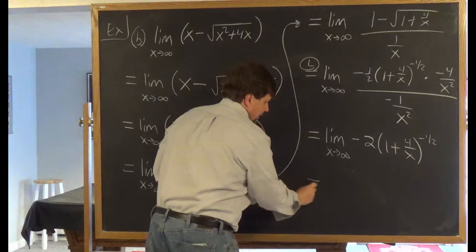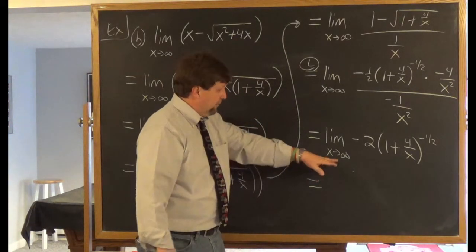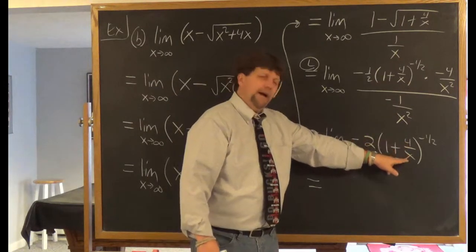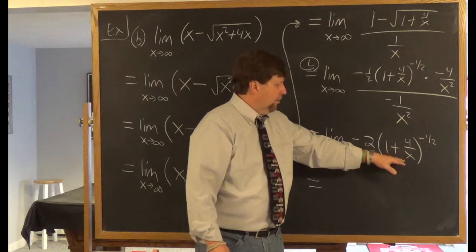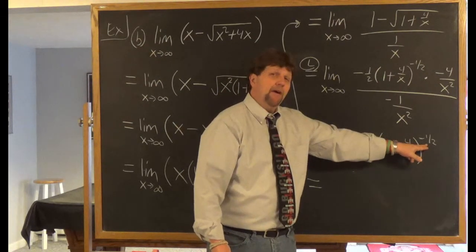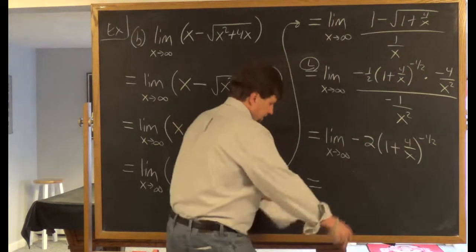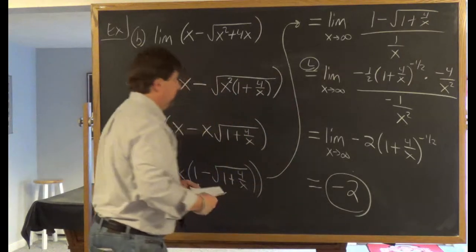And I'm not going to do any more algebra simplifying because I'm kind of running out of room. As x heads off to infinity, 4 over x is getting close to 0. 1 plus 0 is 1. 1 to the negative 1/2 power is 1. Negative 2 times 1, negative 2.